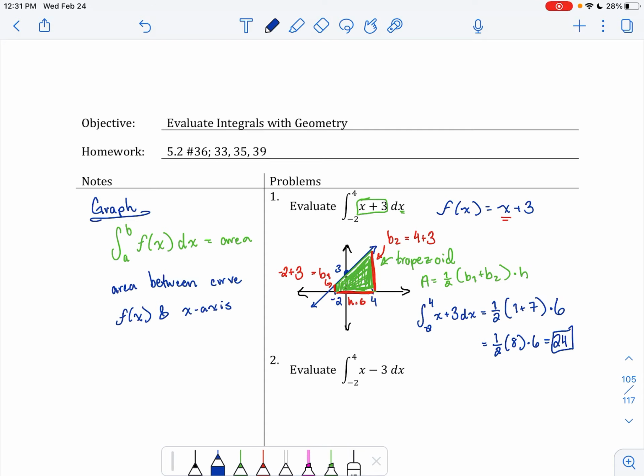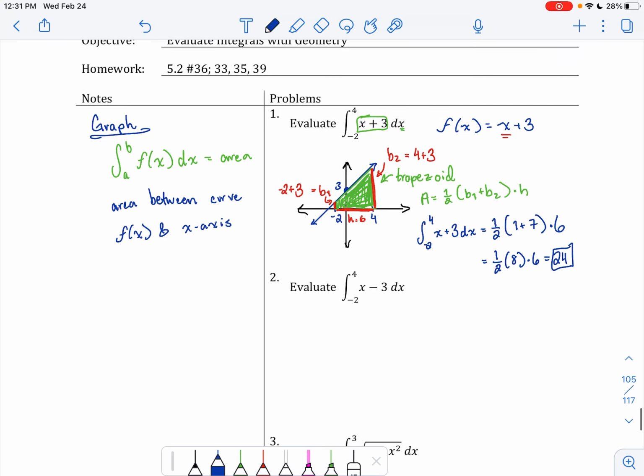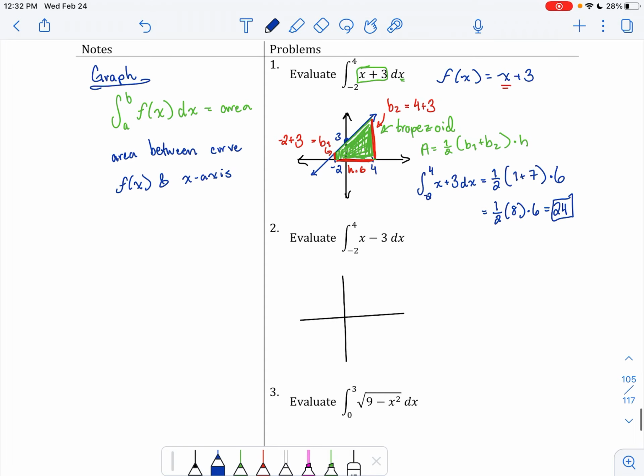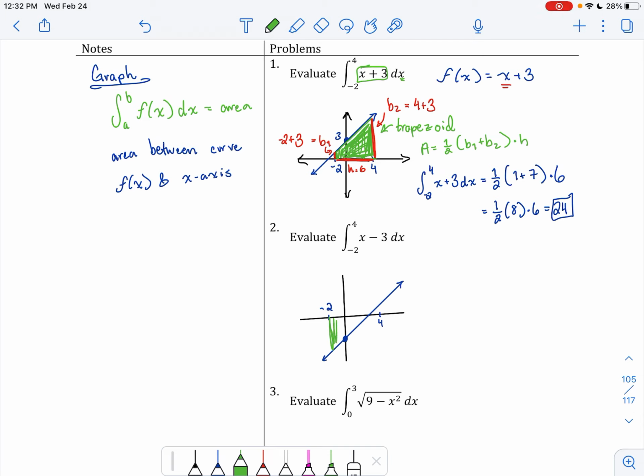This works just as well if you have several different sections. So let's look at one here: x minus 3. So when I graph this, the main difference here is that when I have -3, from -2 to 4, I'm looking from here, and I have a negative area here and a small positive area up here.